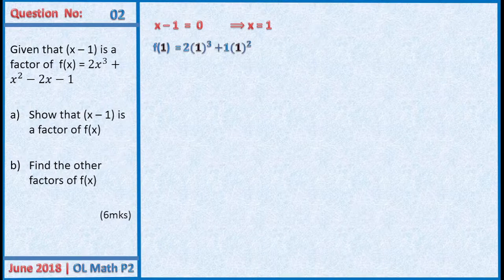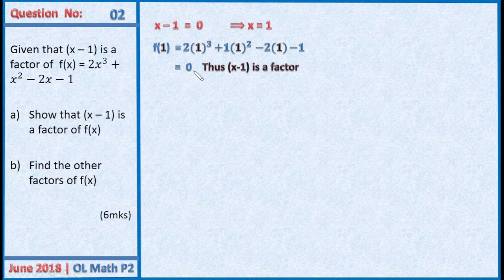So we substitute 1 in this equation, and the result we have is 0. So we have shown that x minus 1 is a factor. This is the shortest and fastest way to show. Or you can use long division; you look for the remainder to be 0, and then you conclude that it is a factor.